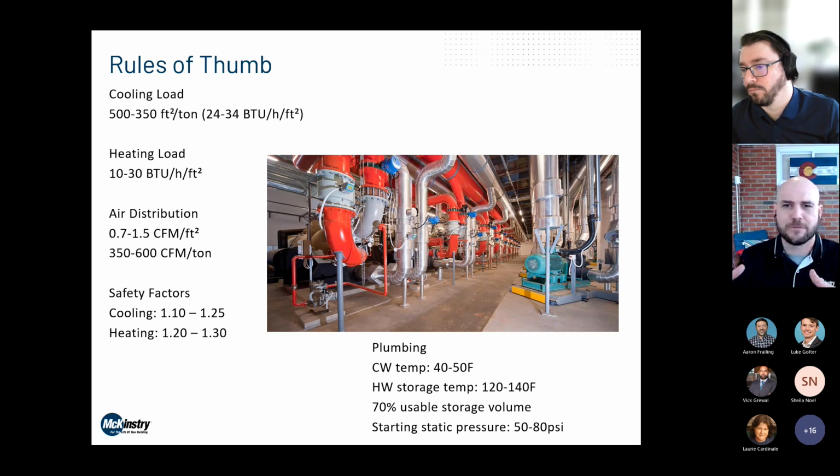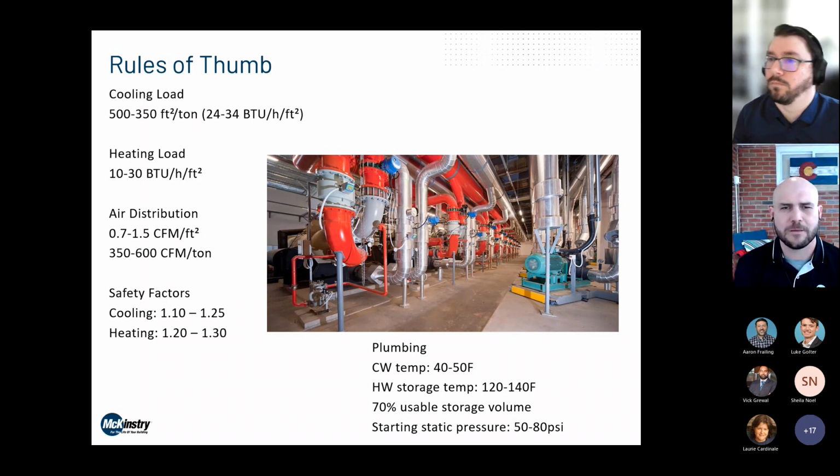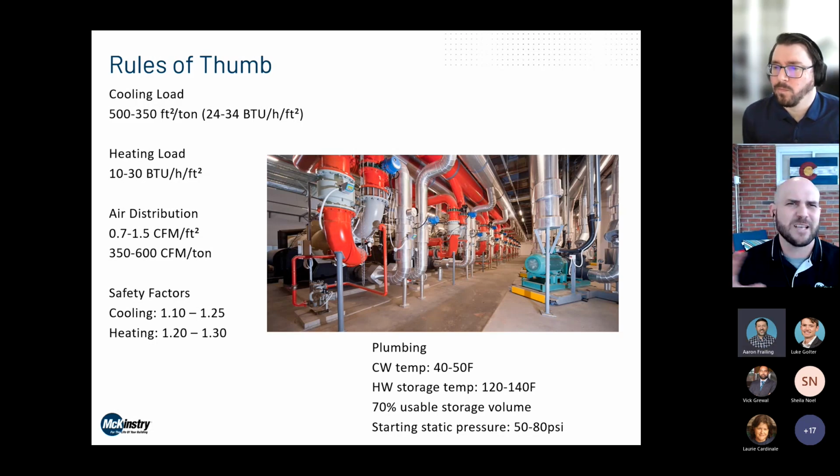If you know that the block load is going to be 10 tons, then you could proceed with that, and maybe their locations be sorted out at a later time. VAVs are maybe similar, but probably don't have quite the same level of flexibility as a VRF system, just because ductwork is harder to move than copper pipes. Does that answer your question? It doesn't change the sizing necessarily, but it offers more flexibility. Okay. All right. Thank you.